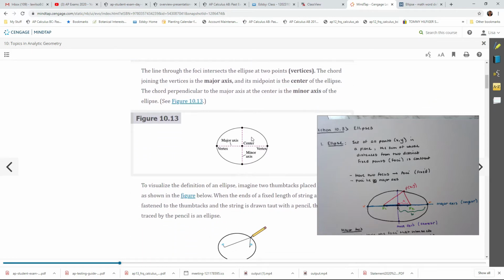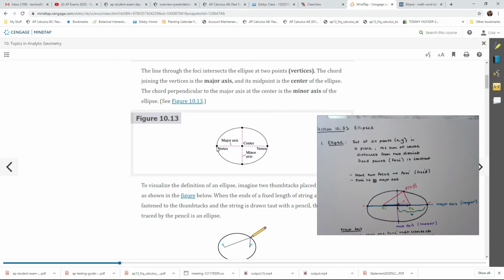So let me show you this, because my picture is terrible. I was trying to put too much information in there, and anyway, just ignore this here. Let's start out with a clean, perfect ellipse, something that I could never attain. So the major axis is the longer axis, okay?